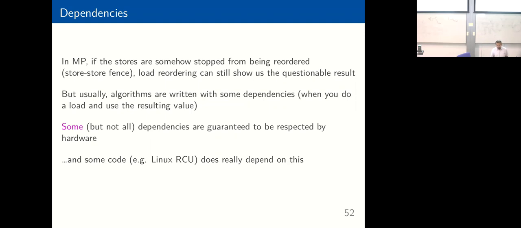But the programmer possibly was thinking about that first load of flag to be in some sense guarding that next load. At least that was the intention, going round in a tight loop, waiting for that flag to be set. So that's a kind of dependency.